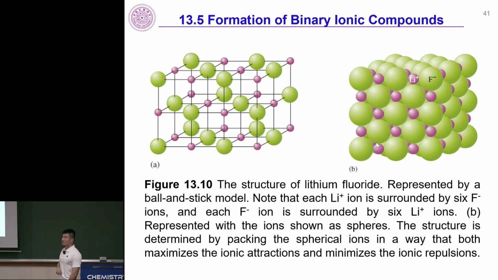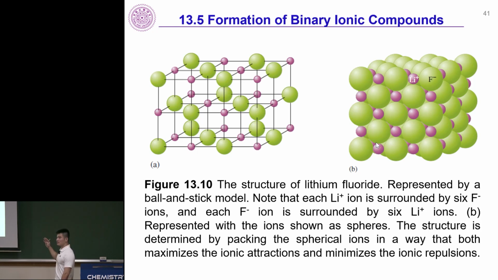How do we call this? This is an ABA pattern, because the first layer and last layer are the same, while the middle layer is different, right? Just by looking at the fluorines, only look at the green spheres. And we call this an AB packing. You'll learn much more about this when we talk about liquids and solids. And an ABA pattern is a synonym for cubic closest pack.